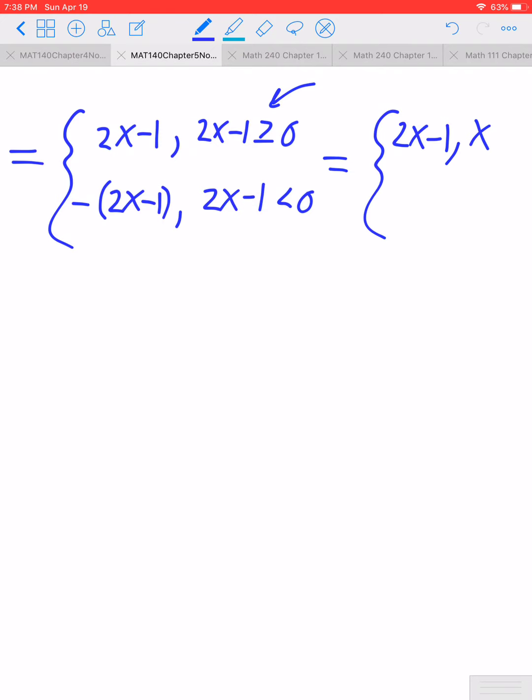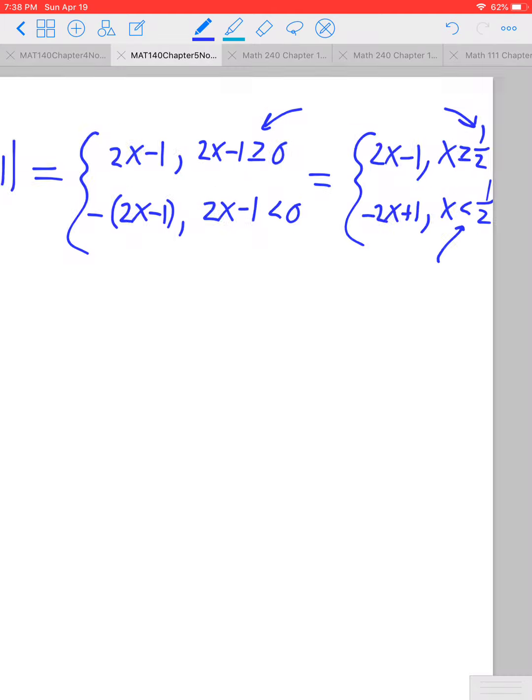That's going to be when x is greater than or equal to a half. On the other hand, if I distribute that negative sign in, it's going to be negative 2x plus 1 when x is less than a half. So the expression for this absolute value function is going to change at x equals a half.